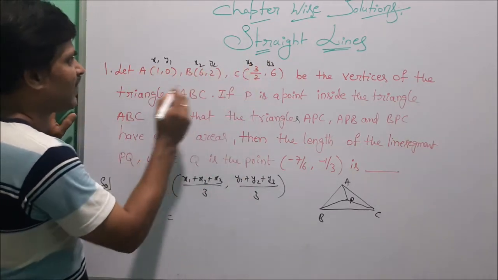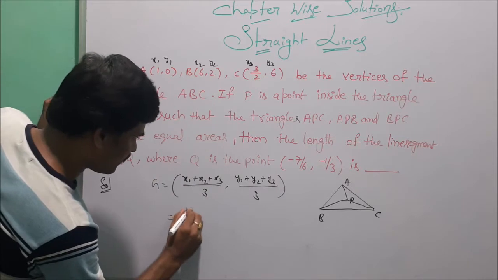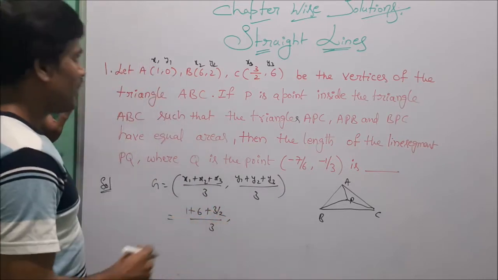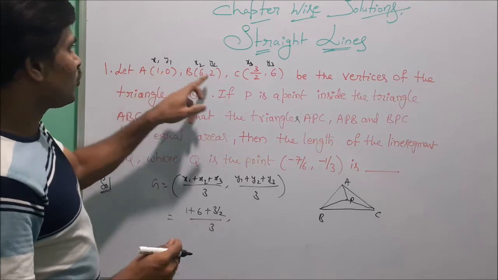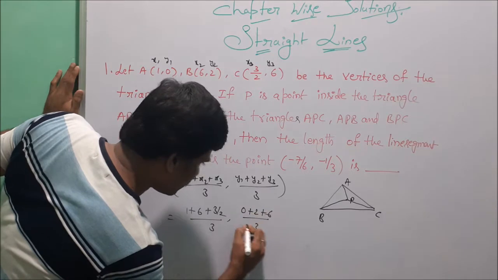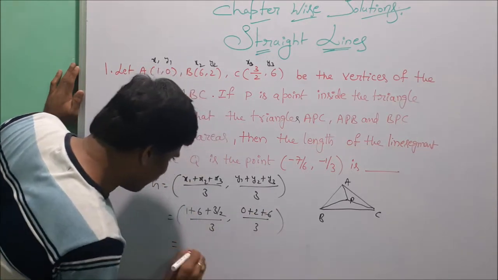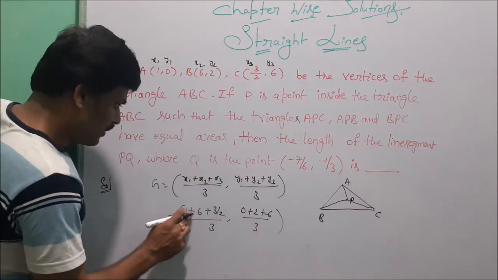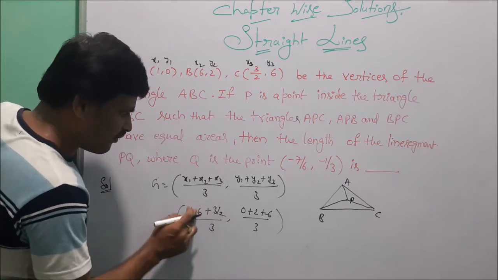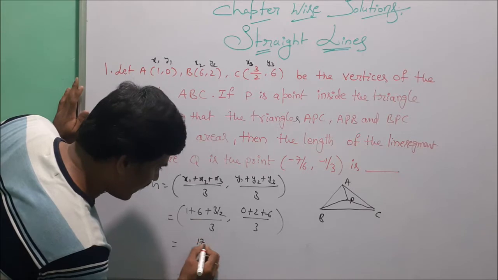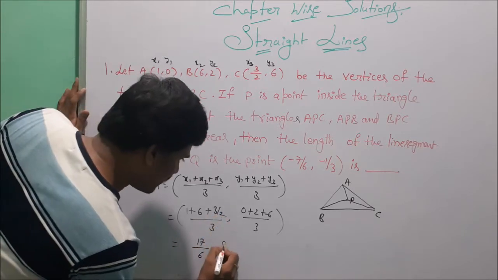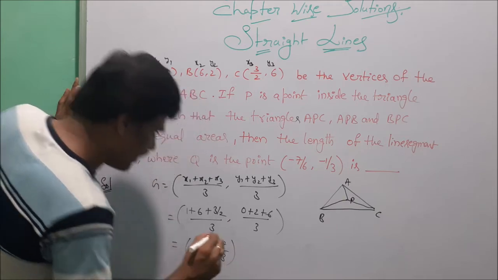x1 plus x2 plus x3, 1 plus 6 plus 3 by 2, whole by 3, and y coordinates 0 plus 2 plus 6, by 3. Here it can simplify: 1 plus 6 is 7, 2 sevens are 14 plus 3 is 17 by 2, and 0 plus 2 plus 6 is 8. So the centroid is (17/6, 8/3).